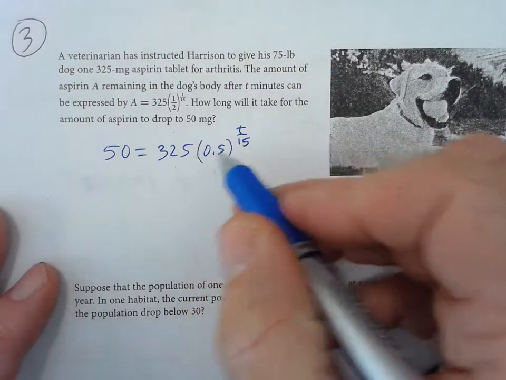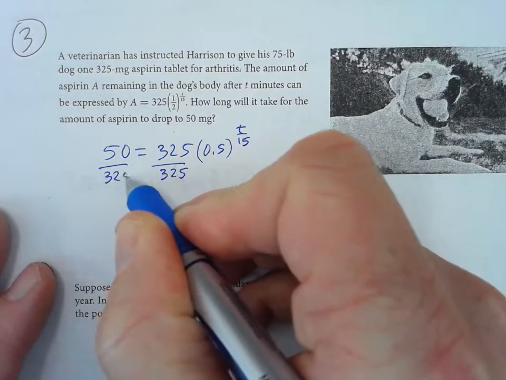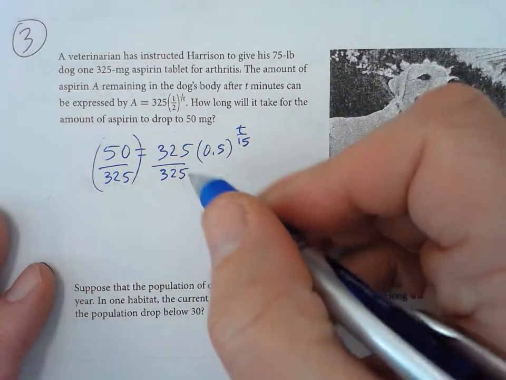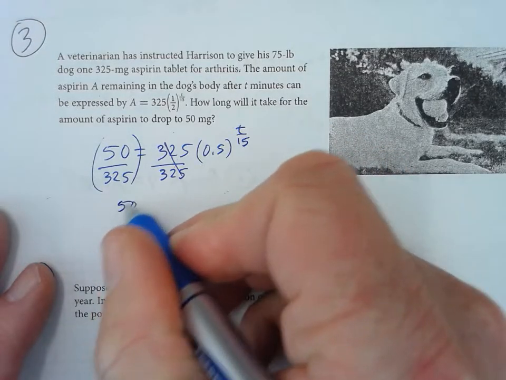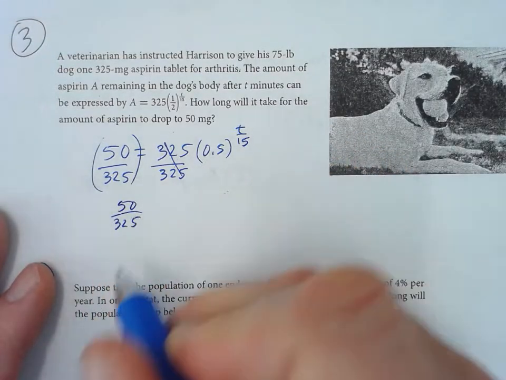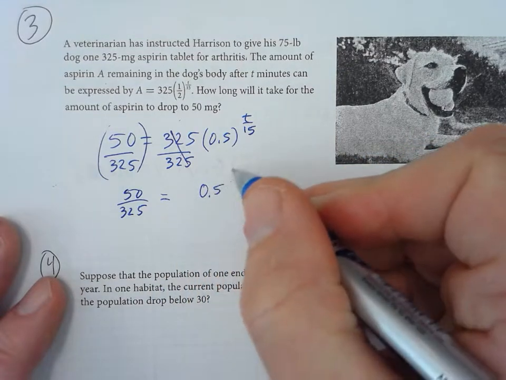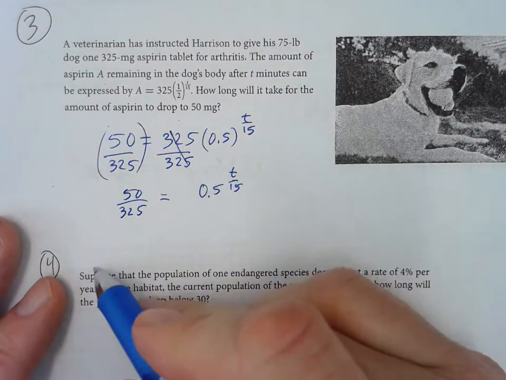We're going to solve this by dividing by 325. I'm going to leave that as a fraction. That cancels out, and I get 50 over 325 is equal to a half to the t over 15. So we need to bring the exponent down to the front.